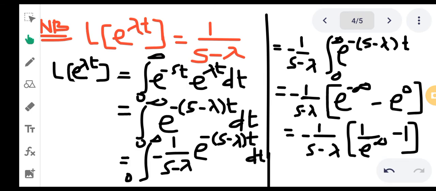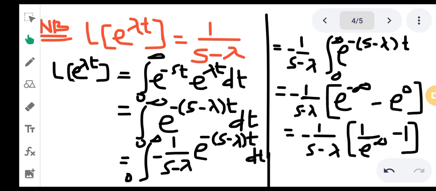So remember I said we are just putting this limit into the t. You are going to get minus e exponent 0, because the whole of this is a constant, so it becomes e exponent of t, which is 0. Here you are going to get minus 1 over s minus lambda multiplying e exponent minus lambda, which is 1 over e exponent lambda.